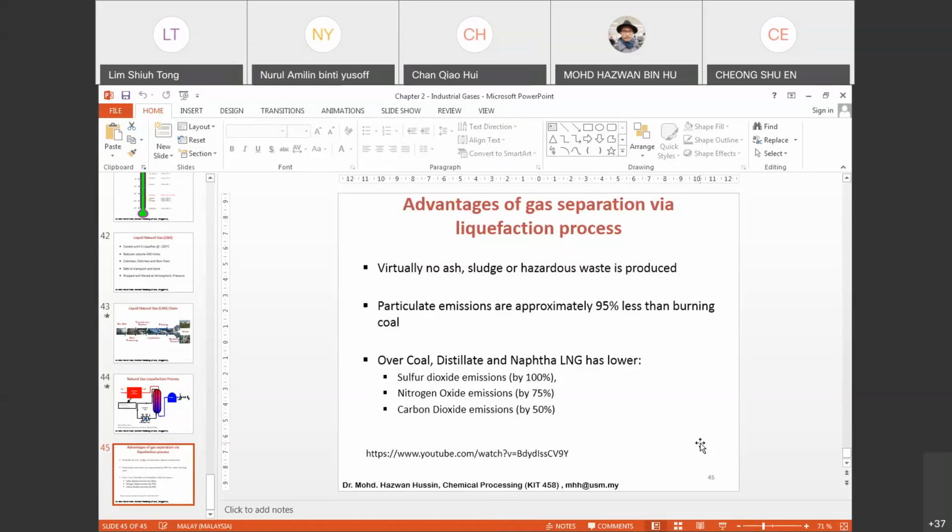Compared to charcoal, distillate, and naphtha, LNG has lower sulfur dioxide emission, around 100% lower, because no sulfur dioxide is produced during the production of LNG. For nitrogen oxide, the emission is reduced, with only 25% of nitrogen oxide produced, and around 50% of carbon dioxide emission reduced.